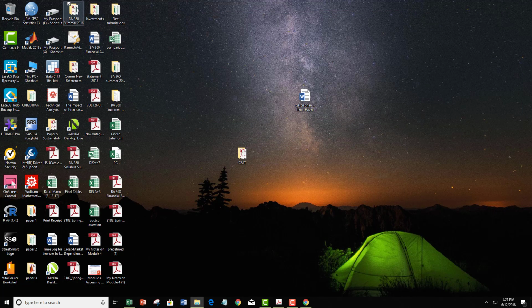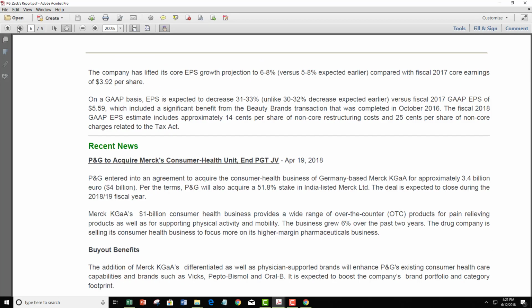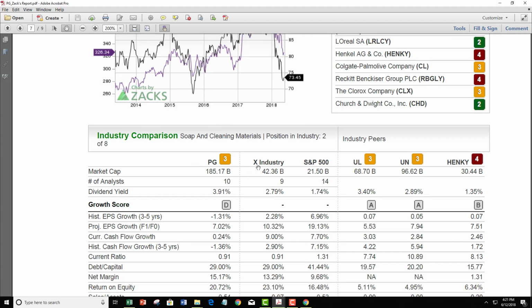I'm going to use the Procter and Gamble Zacks report that I have here. If you go further down, you will see some industry comparison, showing the industry and S&P 500.